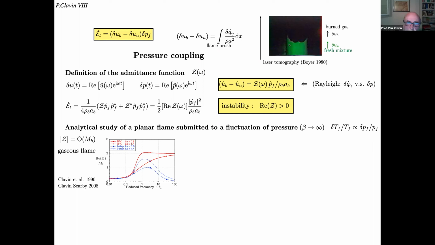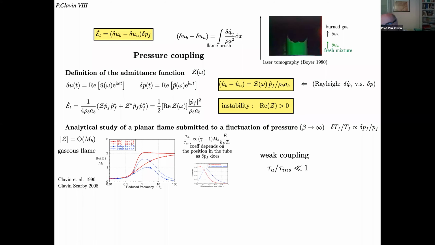For a planar flame, the pressure coupling turns out to be weak, because of this you obtain when you solve the problem. It depends on the frequency, no doubt about that.